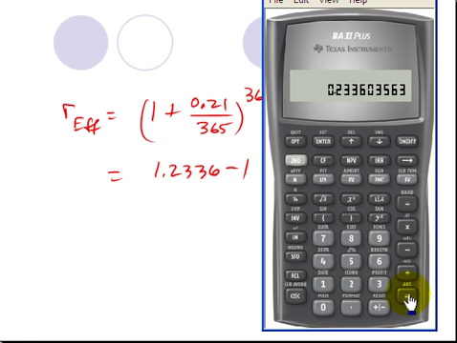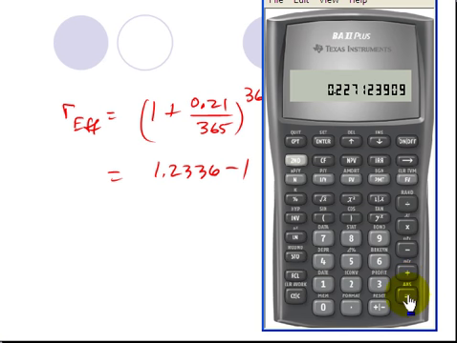So 23.36%. Now, just out of curiosity, what would it have been if we had only compounded quarterly, for example? Well, let's clear that out. We can do 0.21 divided by 4, add 1 to it, and now let's raise this to the 4th power, and then we take off the 1.